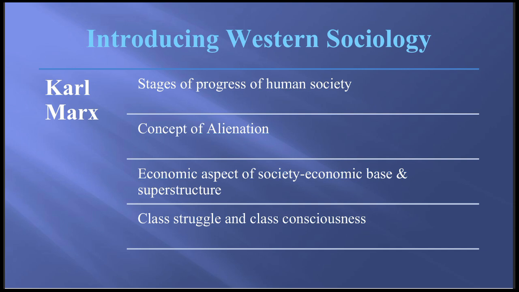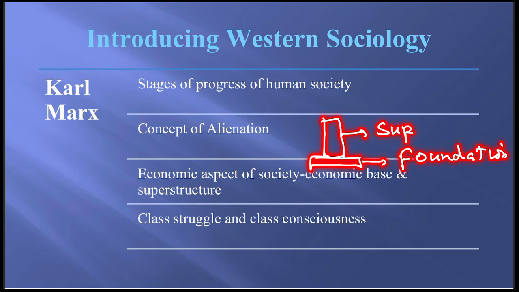Now, in order to understand this better, imagine the mode of production to be a building, which consists of a foundation or a base and something erected on top of the base, that is, the superstructure. The base is the economic base and includes both productive forces and productive relations.